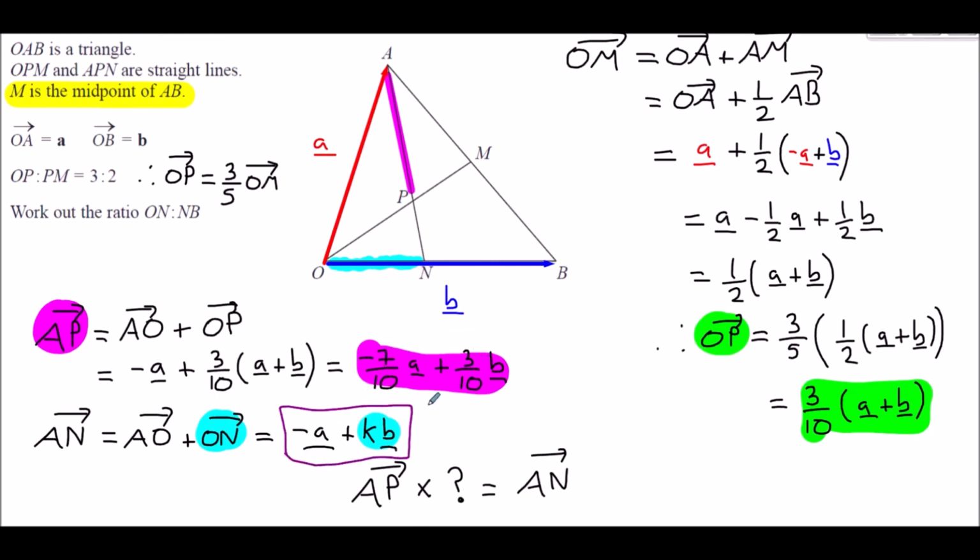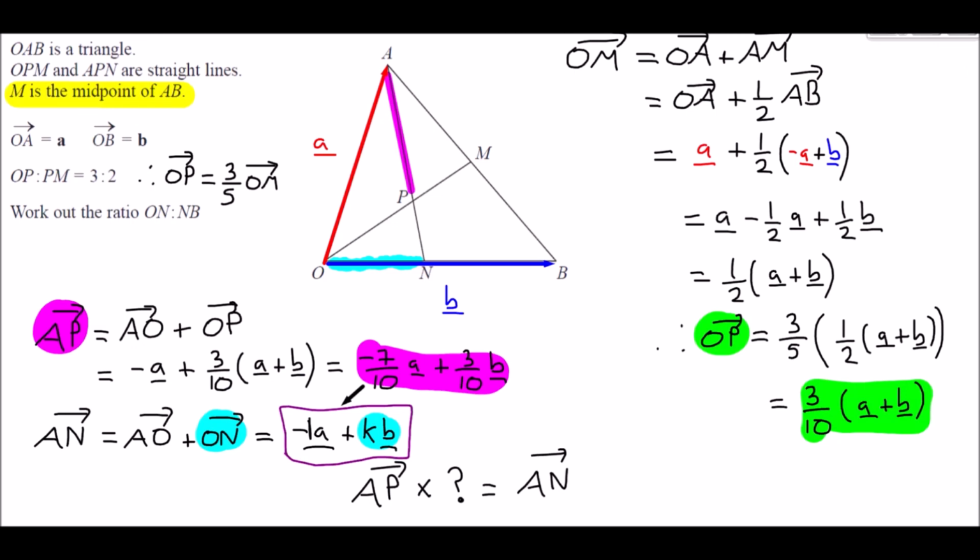Obviously kB is a mystery, so I can't compare the B components. However, I do know that this proportion of the A component is minus 7/10, and it's gone to minus A, so it's gone to minus 1. So what have we multiplied minus 7/10 by to get to minus 1?